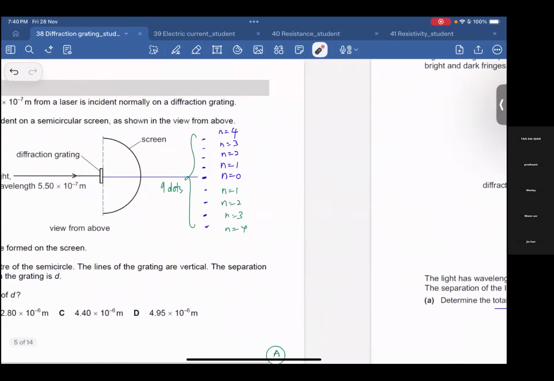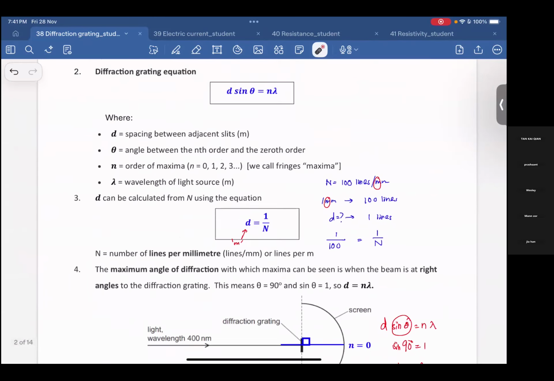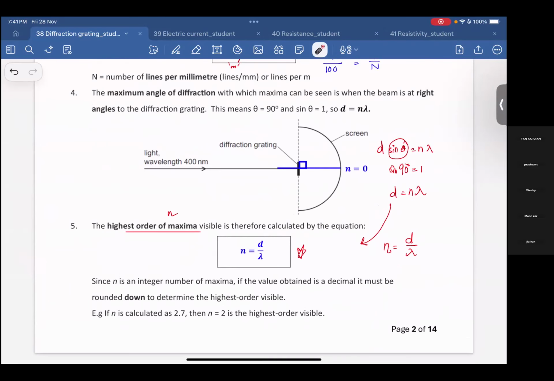less than 7.3. Come back to our worksheet here. You see this part: since n is an integer number of maxima, if the value obtained is a decimal, it must be rounded down. Wesley, must round down. So if 2.7, then you can only go to 2.